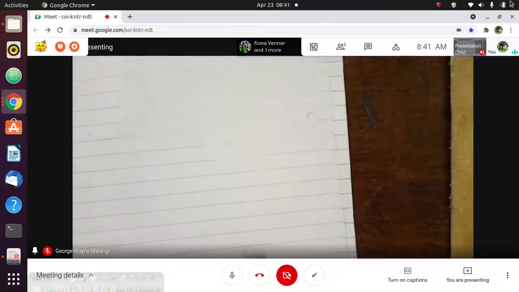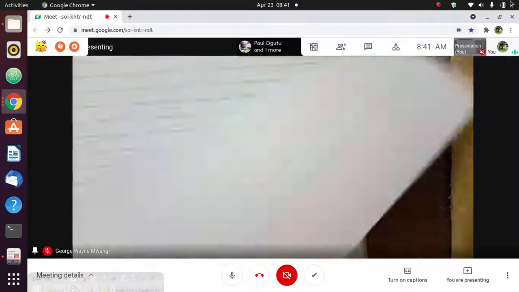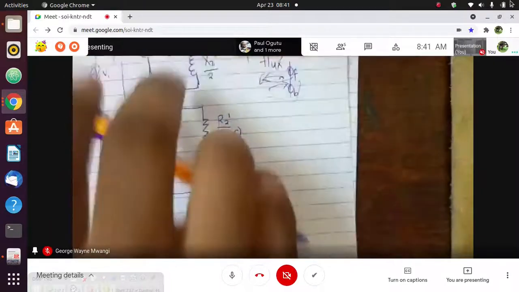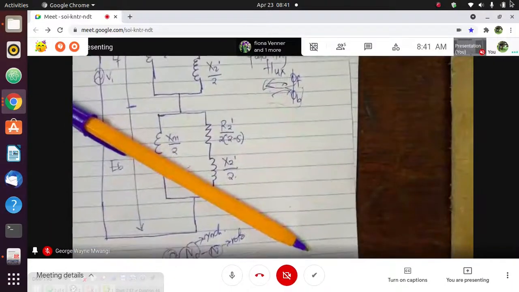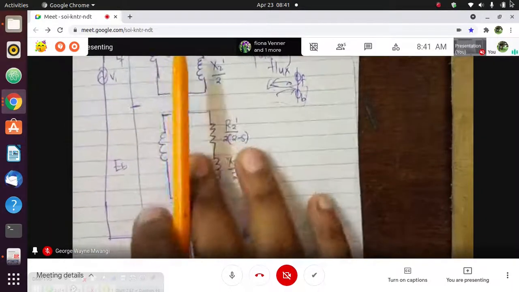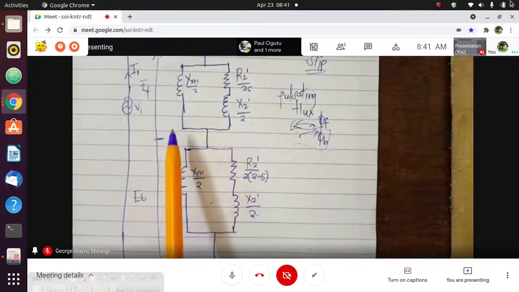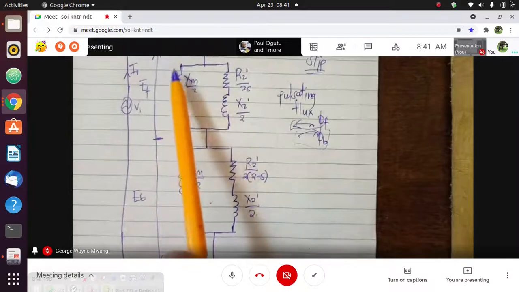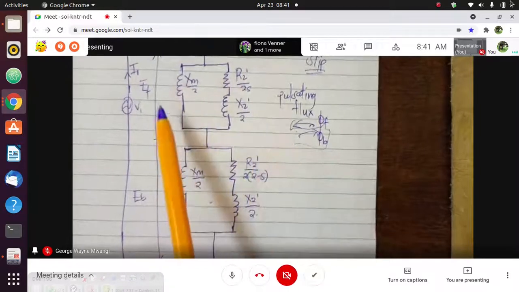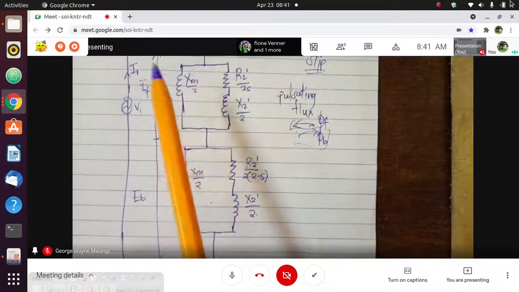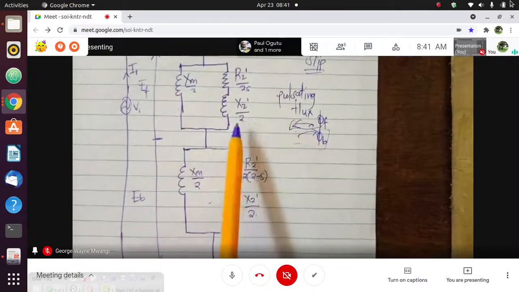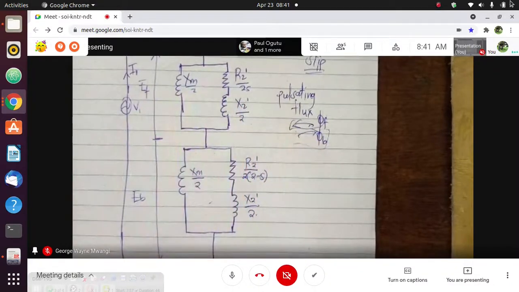Now today I wanted to introduce, nimechora hii circuit. I was just trying to go back so that I can introduce this circuit. This is the equivalent circuit of the rotor, and we have the effect of the stator flux as it moves in the forward direction and as it moves in the backward direction.